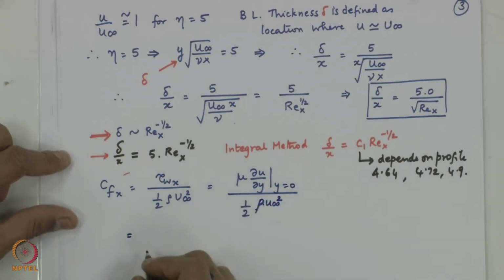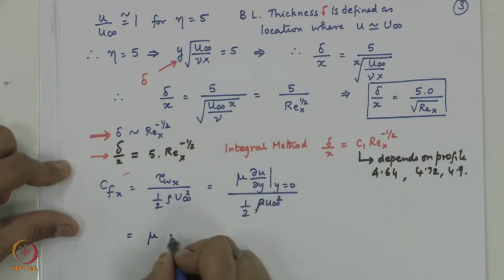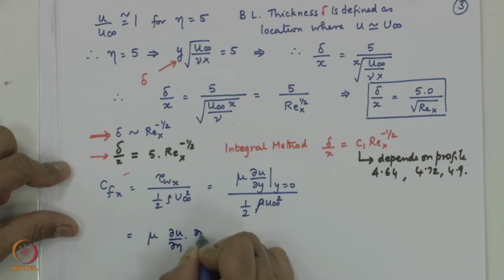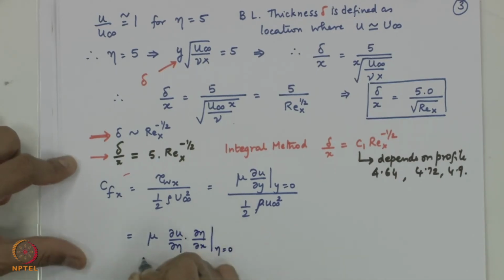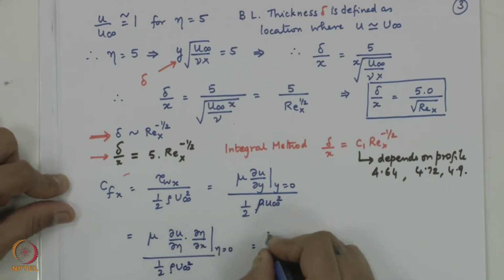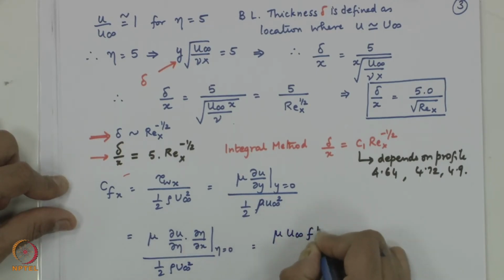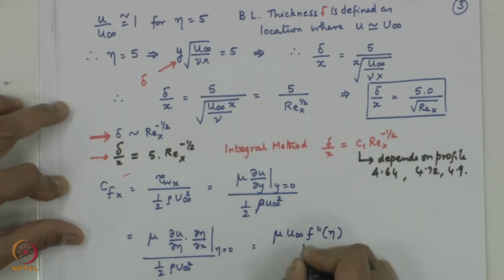I substitute for du by dy, that is going to be mu into du by d eta times d eta by dx at y equal to 0 divided by half rho u infinity squared. Here du by d eta is mu u infinity f double prime of eta.